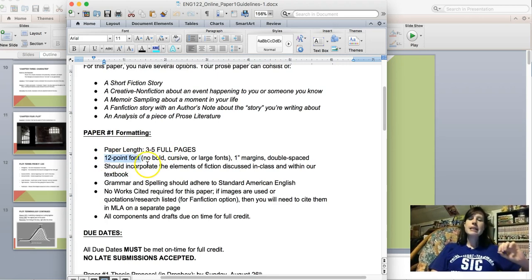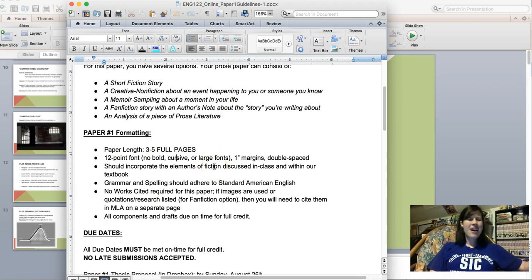12-point font, please no bold, cursive, or large fonts. I'm looking at you, Arial Bold. Don't be using it. And I can tell, I was in college. I know when students use fonts that are bigger than the normal 12-point font, so just don't do it. Please don't use cursive Edwardian script. It's hard to read.